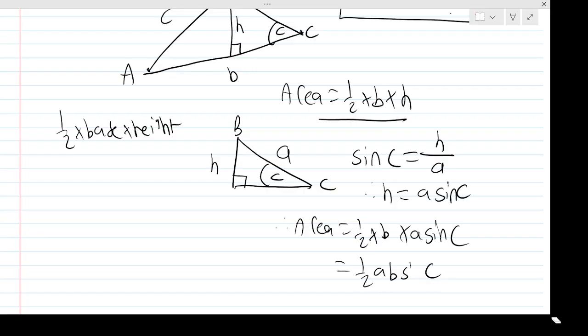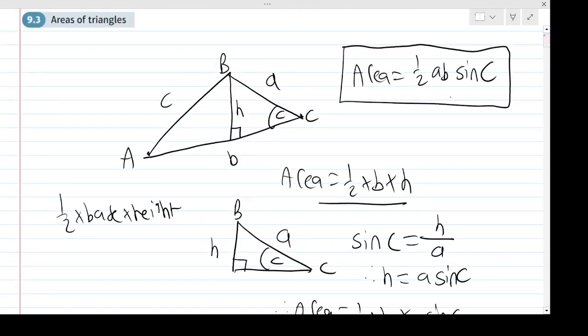So I thought that would be a nice little proof. Again, you don't need to know it, but I thought I'd give one in this section anyway. Obviously with any triangle, as we discussed, you can do a half base times height, but you're going to need to know the vertical height, which should be here.